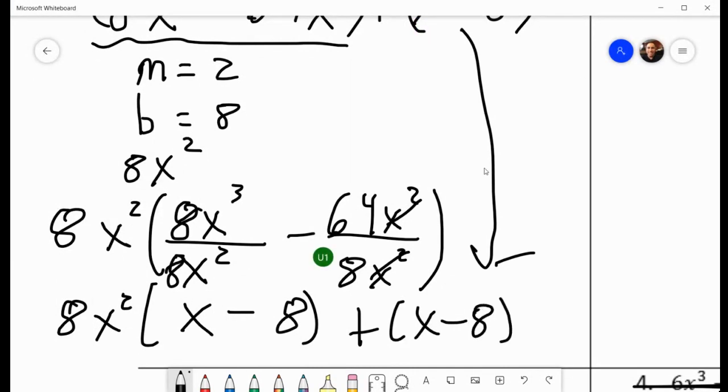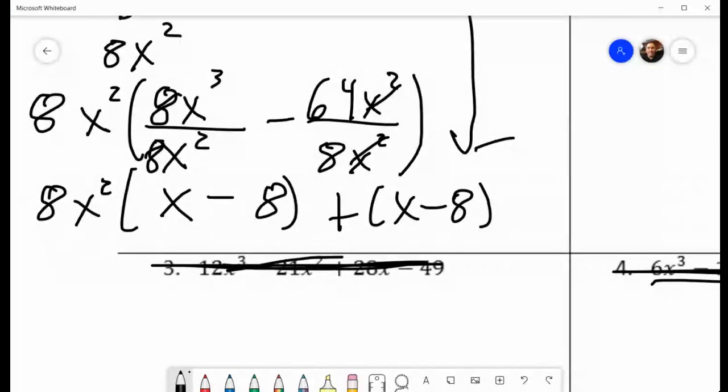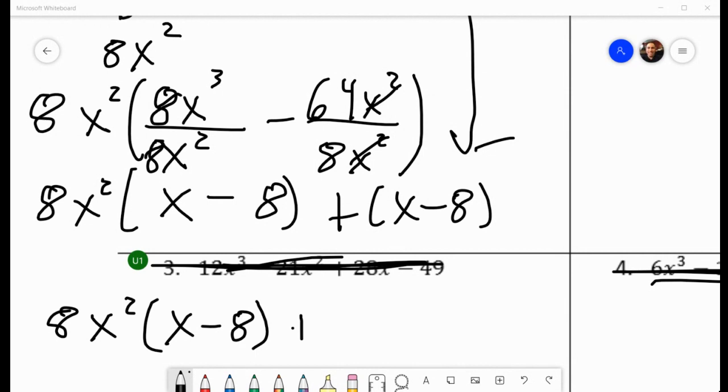Okay. And now notice that we have a common factor of x minus 8. We want that. That's good. So what I'm going to do is factor that out. Let me just write it again.